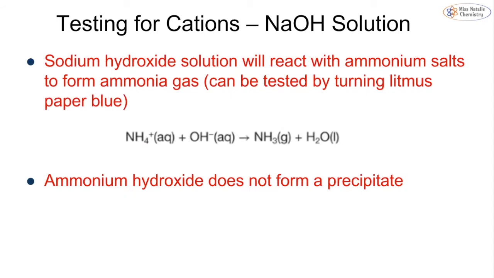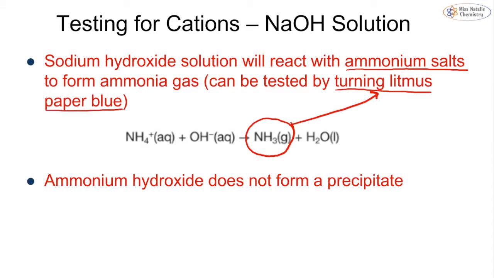Now, sodium hydroxide solution can also be used to test for ammonium salts, but it does not do it by a precipitate. What it actually does this time is we form ammonia gas. So we add the sodium hydroxide to the ammonium salt and it breaks up and we make ammonia gas, and we then can test that gas and it turns our litmus paper blue, which we've already covered so far.